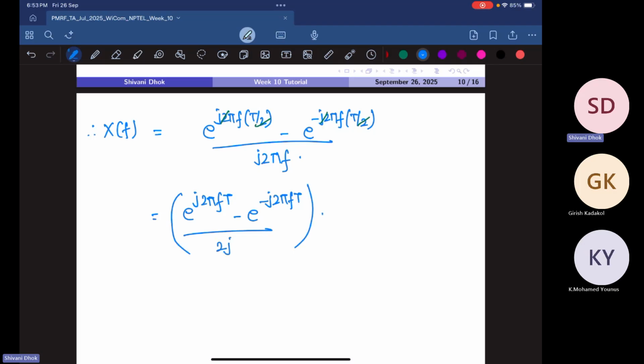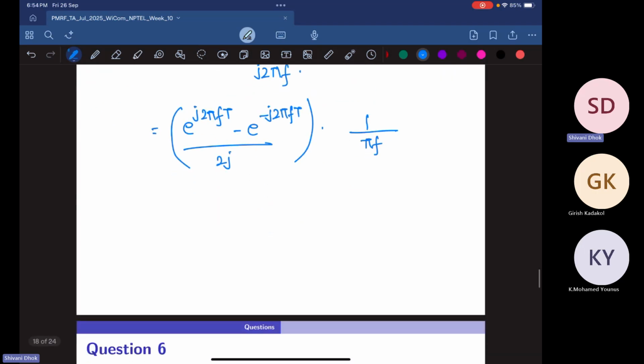I'll keep here into 1 upon pi f, and this is essentially sine of 2 pi f. Sorry, this is not, this is just pi f t.